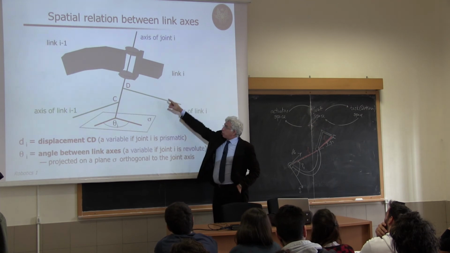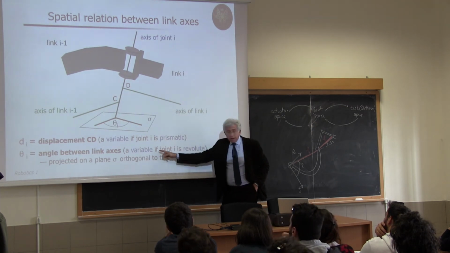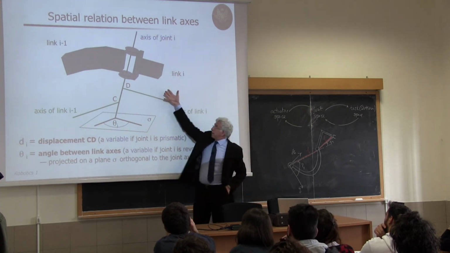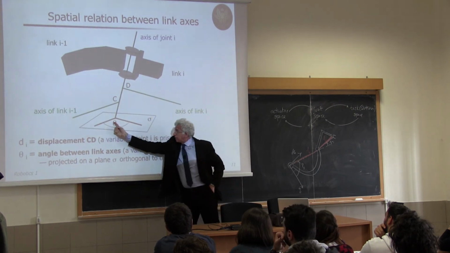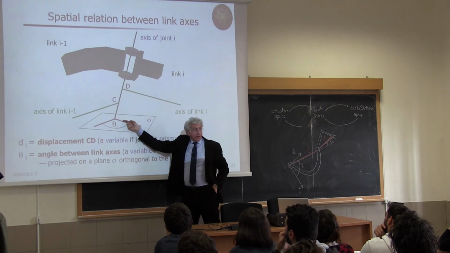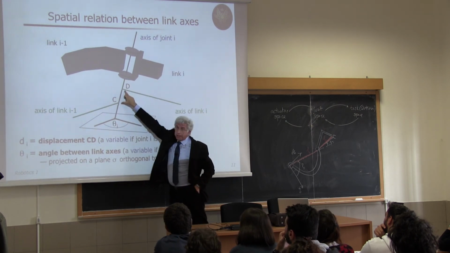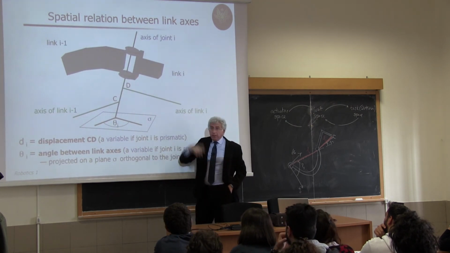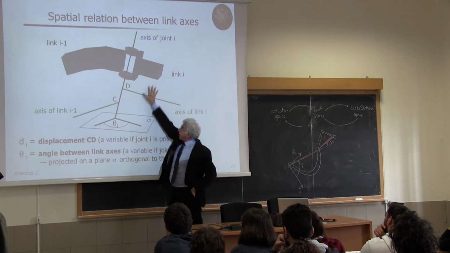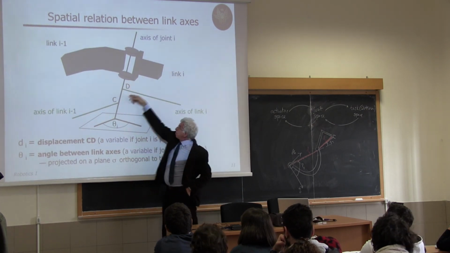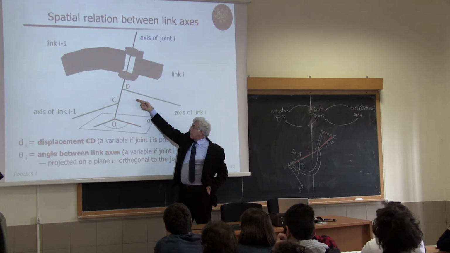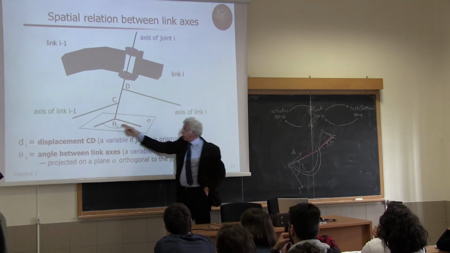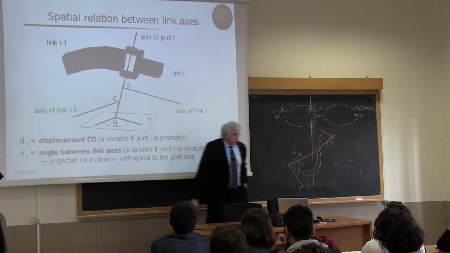And if the joint is revolute, it will be a variable, because this is moving, no? It's rotating, so its projection is rotating, so it's changing the angle theta, while d i is constant. If it's prismatic, this is going up and down, so d is moving, but this axis is keeping the same direction, so its projection is not changing, so the angle theta is constant.